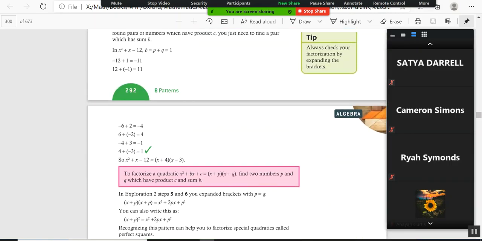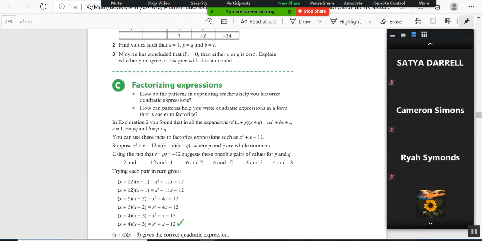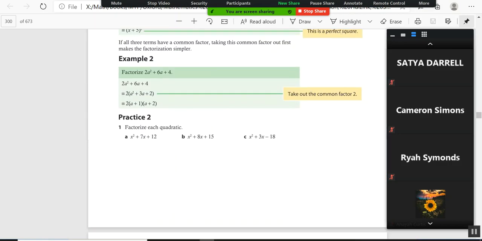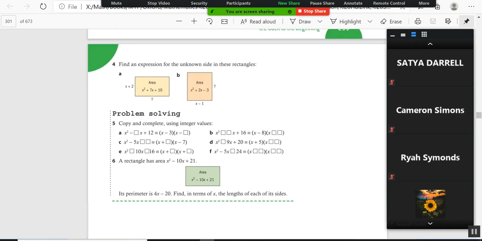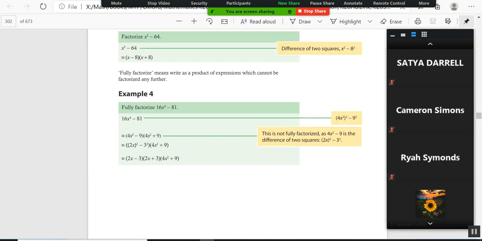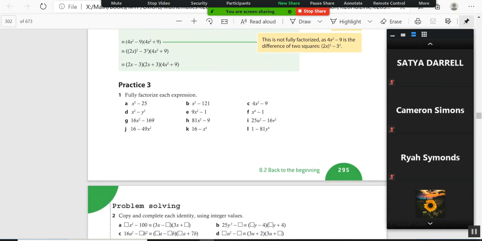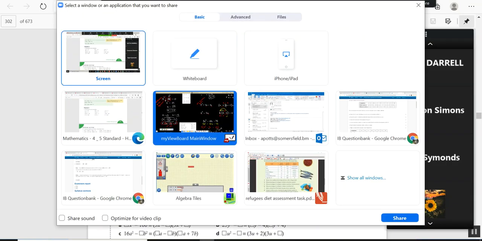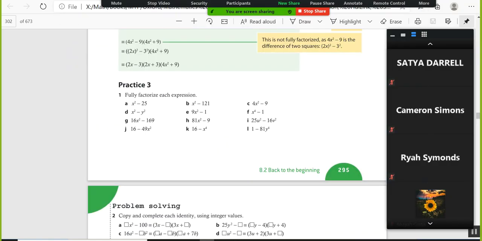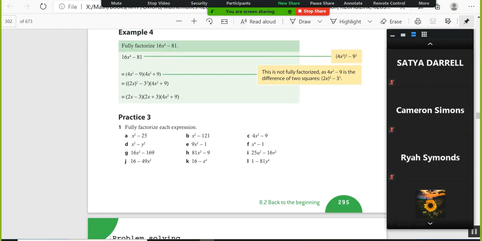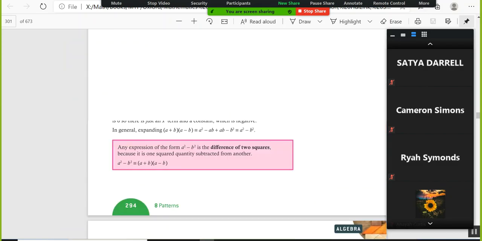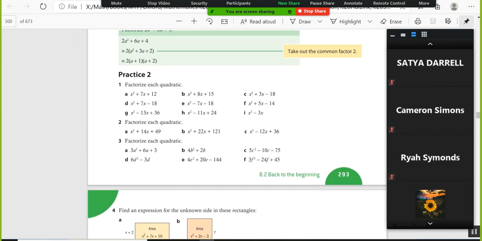This is where I've got them from, okay? So you can review that and have a go at a few more. And we've got as far as this. Can you see the book in front of you? Sorry, I didn't switch. Okay, just quickly then. In the book, page 295 is where we got to, and 293, some of those.